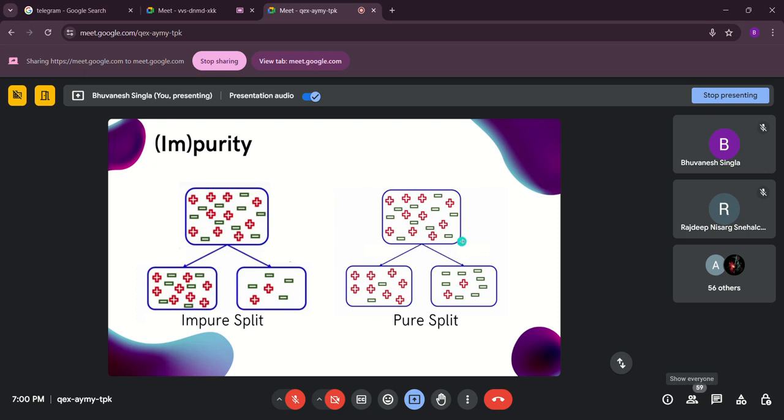But if you look at the one captioned as pure split, you see that the number of positives on the left side are more, and the number of negatives on the right side are significantly more. So you can tell which side is the positive side and which side is the negative side. This is what we mean by a pure split, that the kind of data present in this split should be similar.